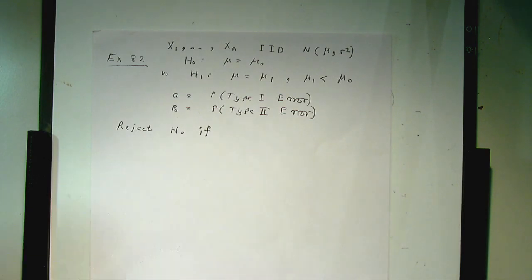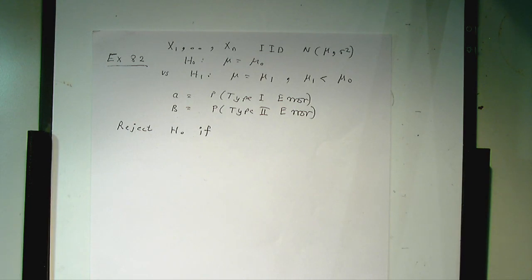You see here that, do you remember this, guys? We have mu equal to mu 0 versus mu not equal to mu 0. That's one possible scenario. The second case is where mu equal to mu 0 versus mu is greater than mu 0.